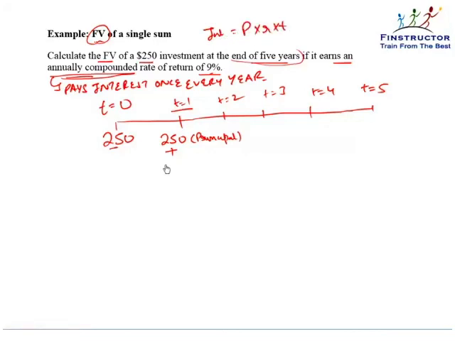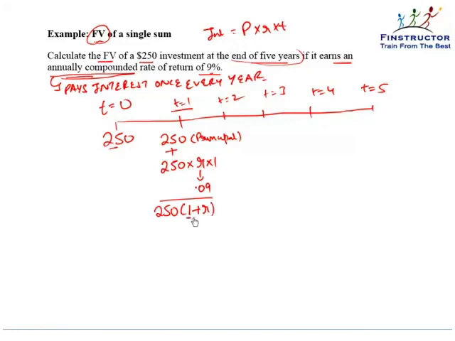So the principal was $250. The rate of interest, we will generally call it R. In this case, R is equal to 0.09. And the time that it has been invested for is 1 year. So at the end of year 1, the $250 have become 250 into (1 + R).